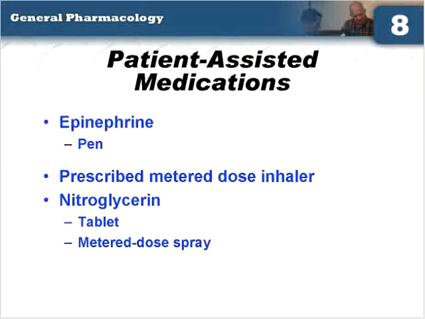Okay, the steps for administration: we can assist them. As long as it's theirs, we are allowed to assist them. Make sure that you take a blood pressure. It has to be greater than 100 systolic. Make sure, again, right medication, right patient, right route, which is sublingual, under the tongue, or tablets.